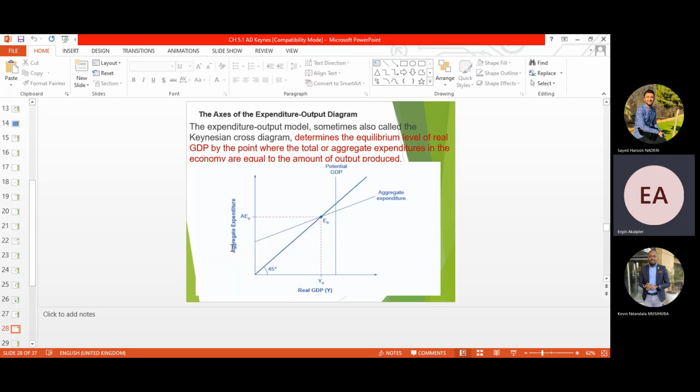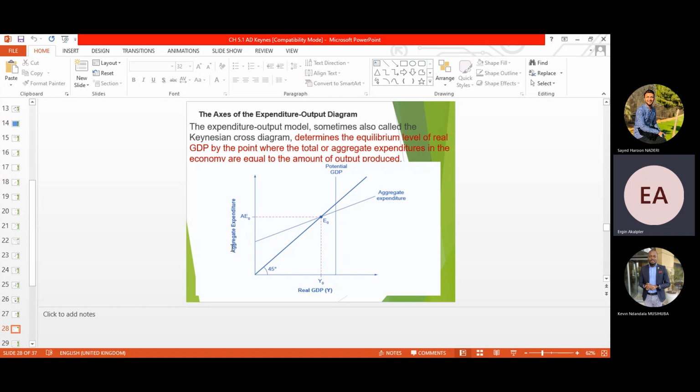The expenditure-output model of Keynes, sometimes also called the Keynesian cross diagram, determines the equilibrium level of real GDP by the point where the total or aggregate expenditures in the economy are equal to the amount of output produced. As you are observing here, the real GDP intersects and the aggregate expenditure is equal, but the potential GDP is a little bit higher than the real GDP.